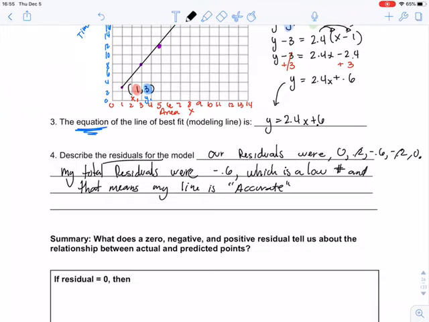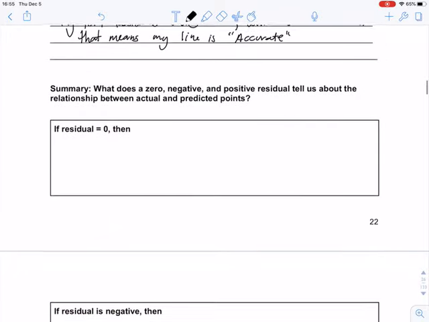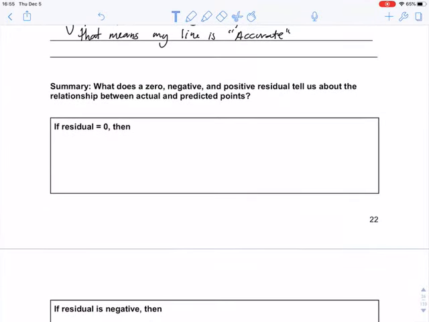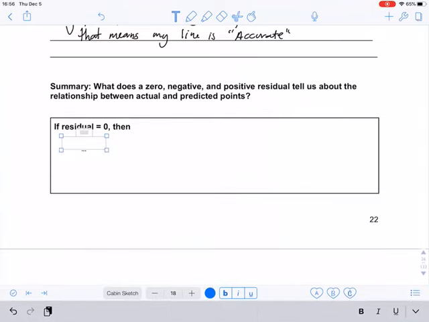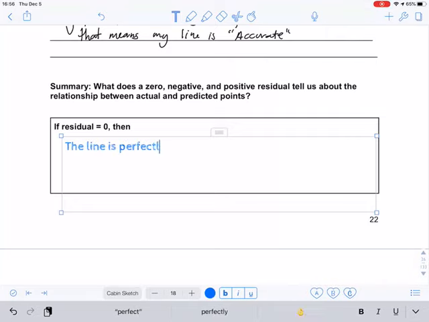All right, so summary, residual is 0. So if our residual is 0, what that means is the line is very, very accurate to the actual data points.